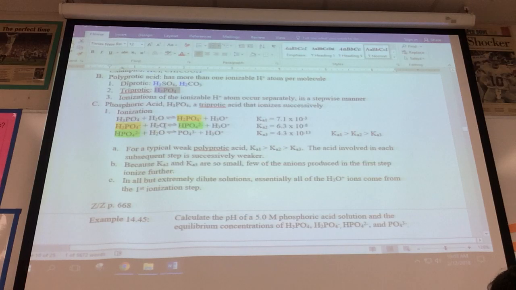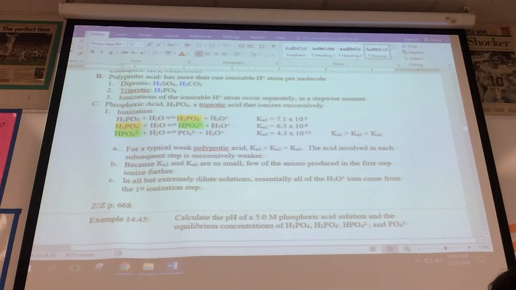So for phosphoric acid, you can see these 3 successive ionizations, and you can see that Ka1 is greater than Ka3. So the first one occurs, and you get some of this, and then this will undergo a second ionization, and then this will undergo an ionization as well. So you have 3.